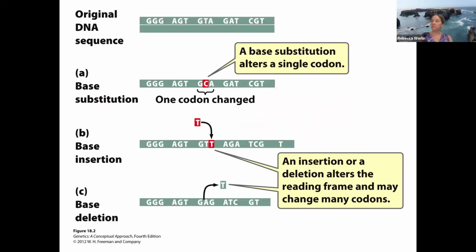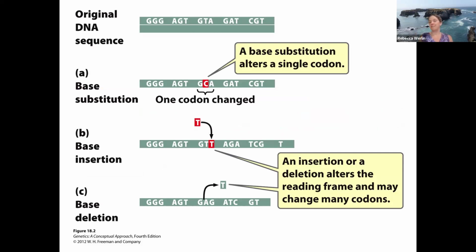So you can substitute bases, A's to T's to C's to G's, and you can substitute a single base. And that one A switches to a T, or a G switches to an A, or something like that. Bases can be added in, one base or two bases or 50 bases, or bases can be deleted, one base or two bases or three bases or 50 bases.